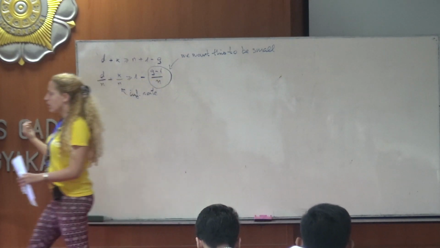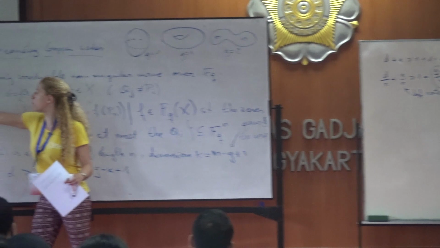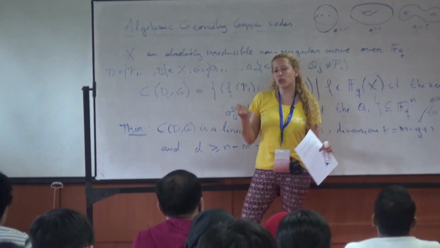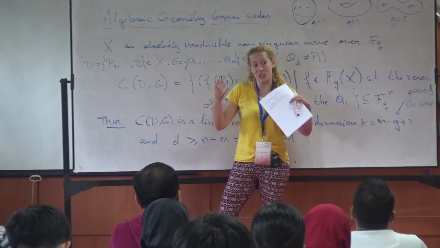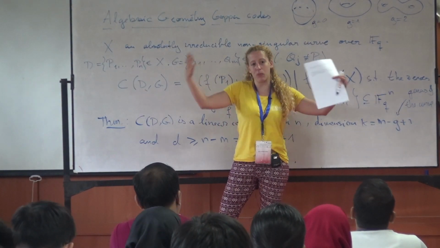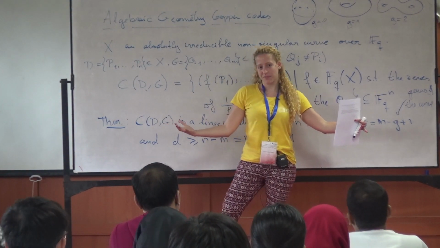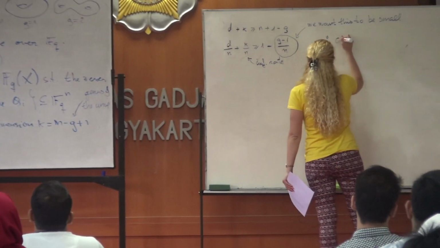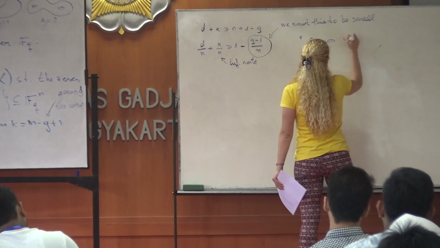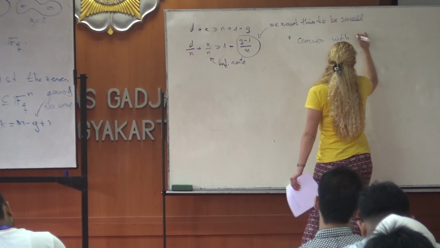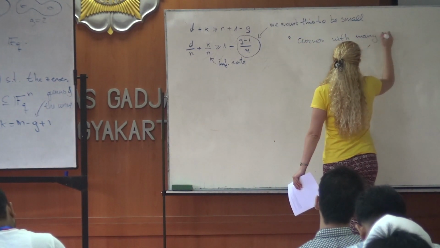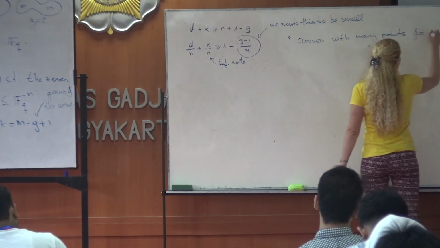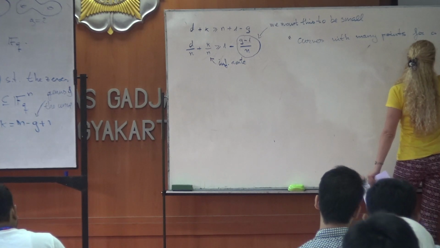But n is the number of different points I have to get here. So basically, what do we want? We want a curve with a small genus and with many points. So we want curves with many points for a given genus.